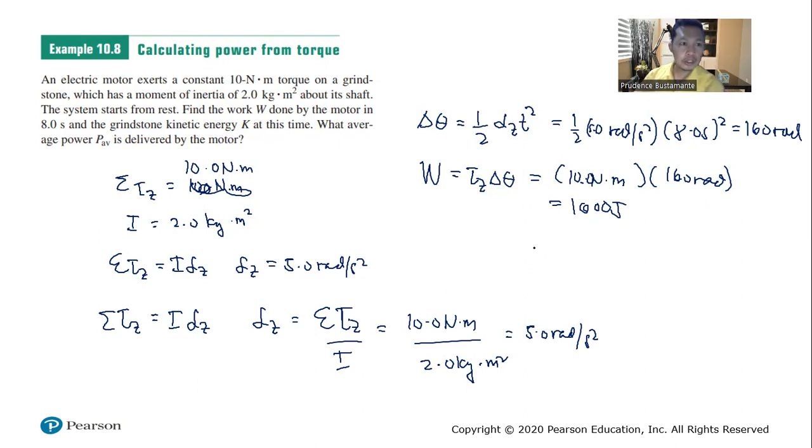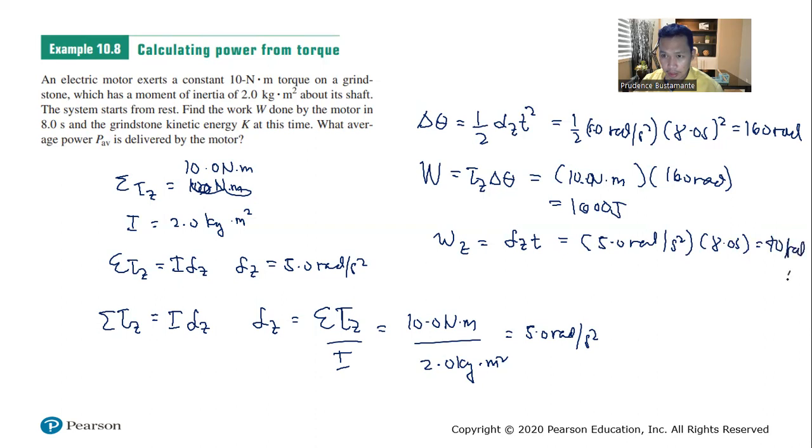We found the work done by the motor in 8.0 seconds. Now to find the kinetic energy, from motion with constant angular acceleration, omega z is equal to alpha z times t, which is 5.0 radians per second squared times 8.0 seconds, so we have 40 radians per second.